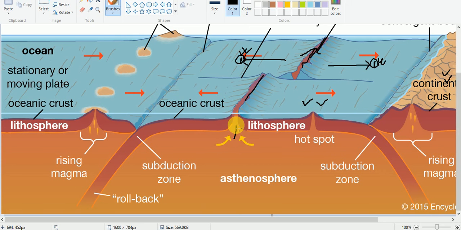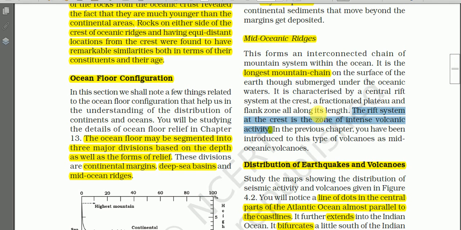Magma is rising from the asthenosphere and it is erupted here. A series of these volcanoes are erupting in this section. It is submerged under the ocean water and characterized by the central rift system at the crest.